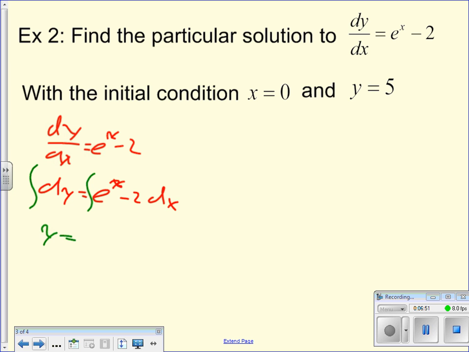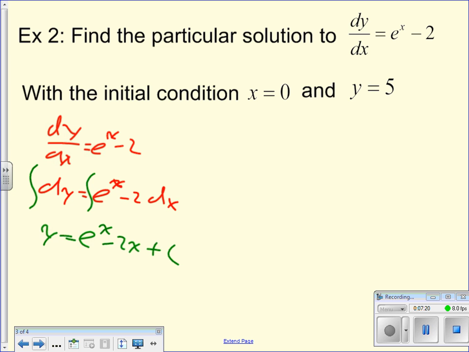Antiderivative of e to the x is e to the x. Antiderivative of negative 2 is negative 2x. And then I have to have my plus c. This is my general solution. How do I find my specific solution? I plug in x and y, 0 for x and 5 for y, and solve for c.